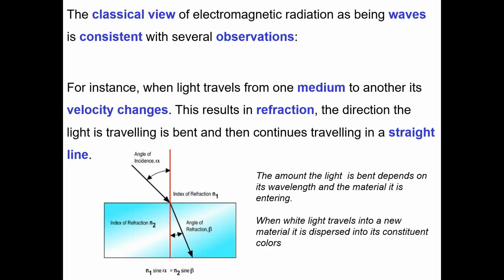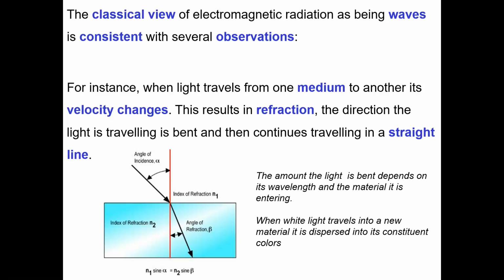So this model of light being waves aligns with a lot of observations. For example, when light travels through one substance into another, its velocity or speed changes.